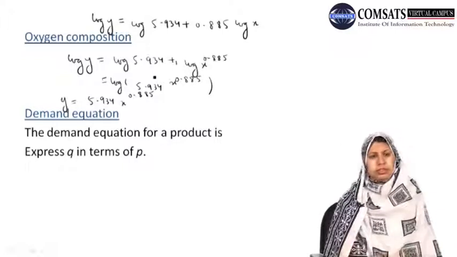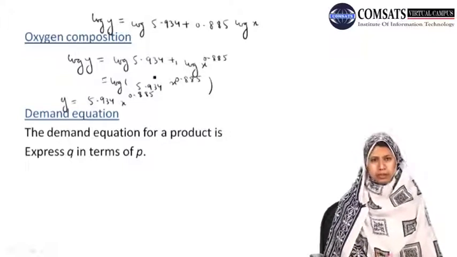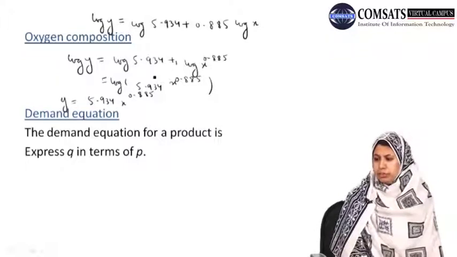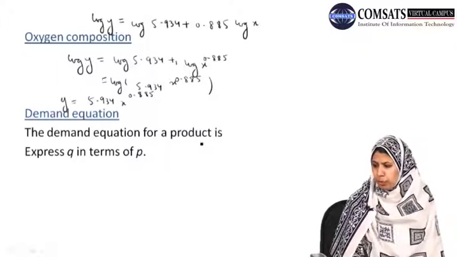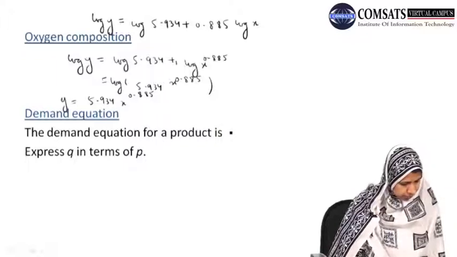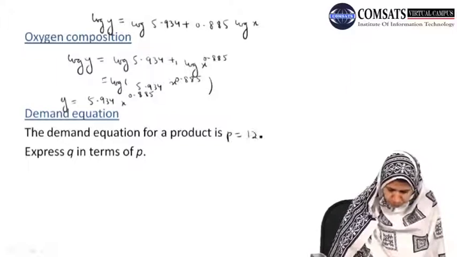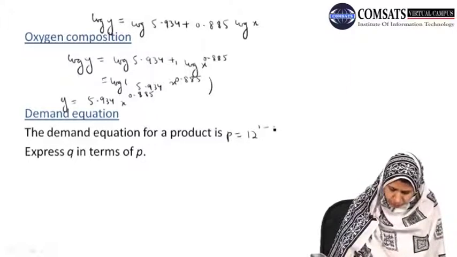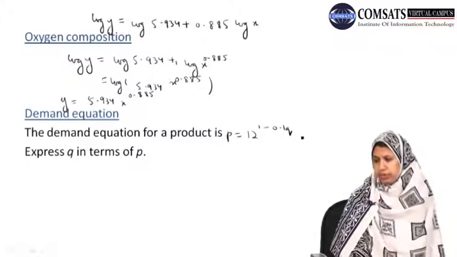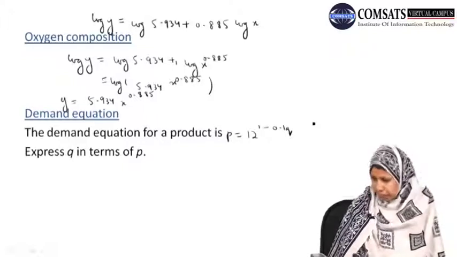We know that the demand equation depends on two variables, that is the price and the quantity demanded. So the demand equation for the product is, let's say, P is equal to 12 to the power 1 minus 0.1 Q, where P is the price and Q is the quantity demanded.